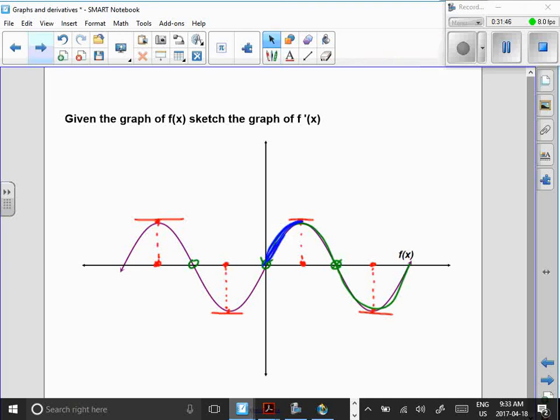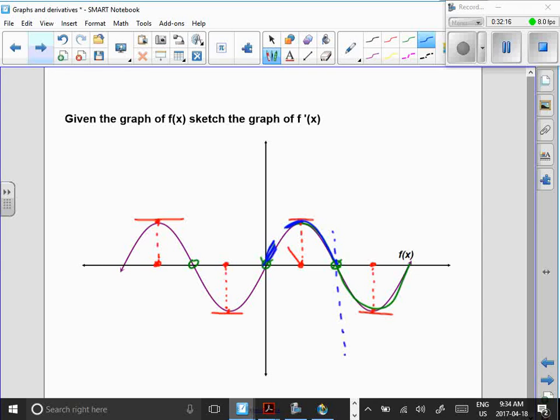Slope of the tangent positive, heading to 0. All I know here is slope of the tangents are positive, headed to 0. After this point, in this interval, slope of the tangent's negative. Reaches its most negative point there.